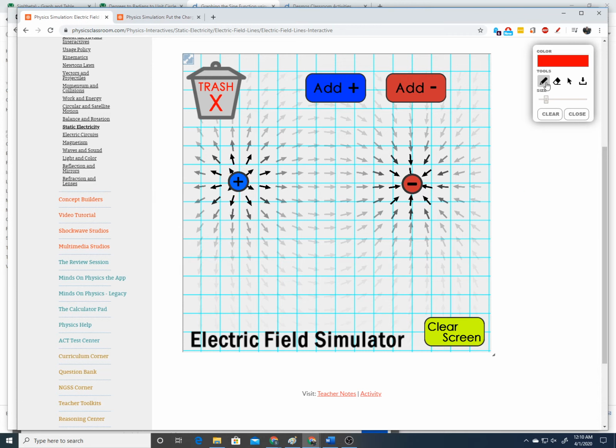So as I look at this, there is a convention that is used widely in physics, and that is this convention of electric field. What happens is, if we were to put any other charged particles around these fixed particles, the new charge that I place would move according to these lines that I see here.